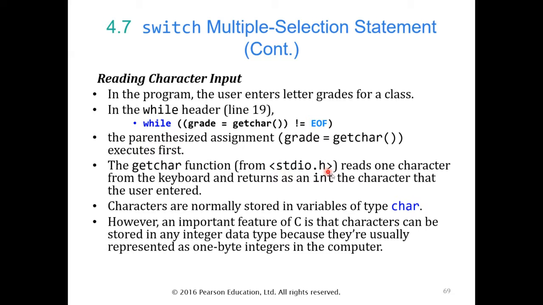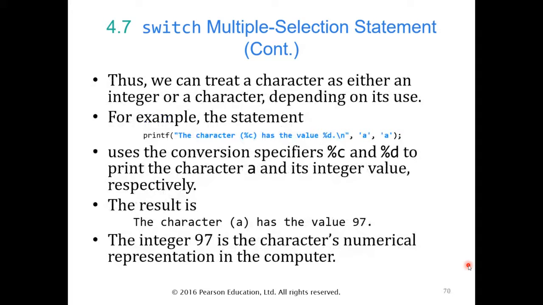And so it's part of stdio.h, so we don't need to include any header files. One more thing, I told you already, our decisions are based on an integer grade, even though we are inputting characters.